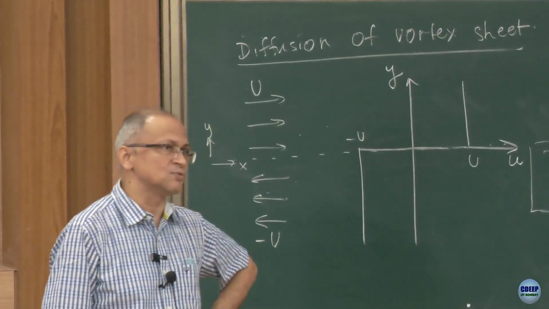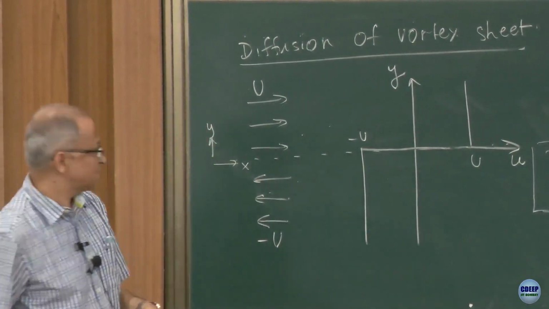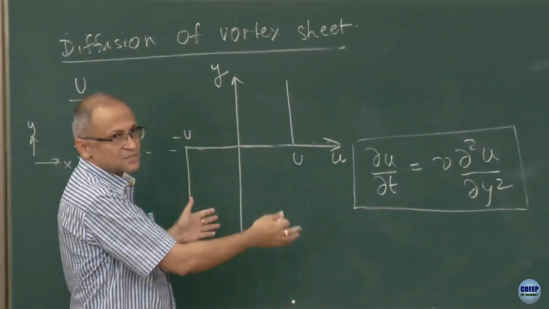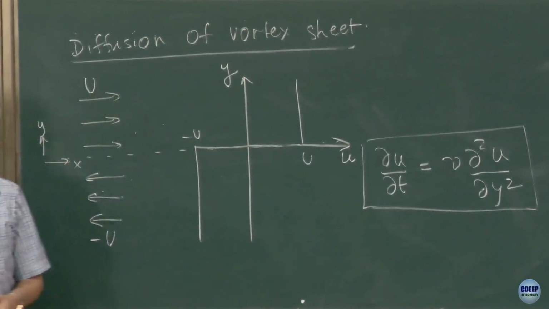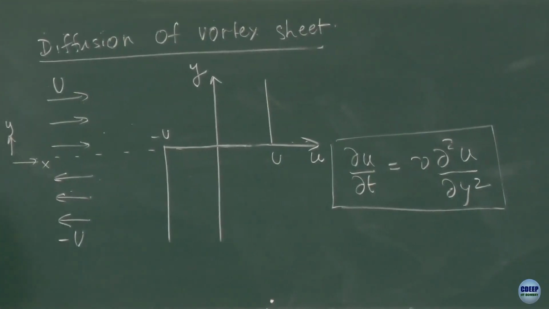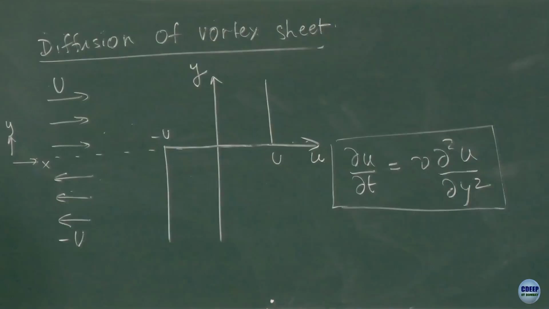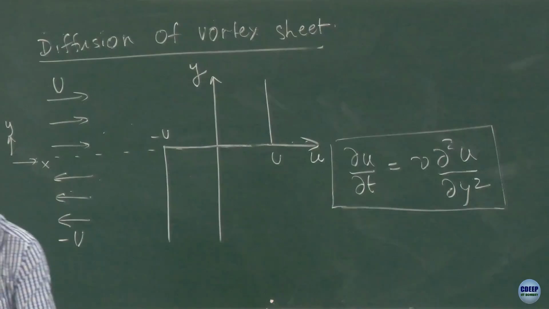But in principle, one can set it up. One may not have an infinite domain, but there can be a region where the end effects or end conditions are not very important. Most of the time it is possible to meet this in an approximate, reasonably good sense.